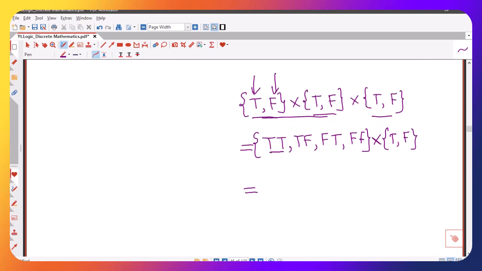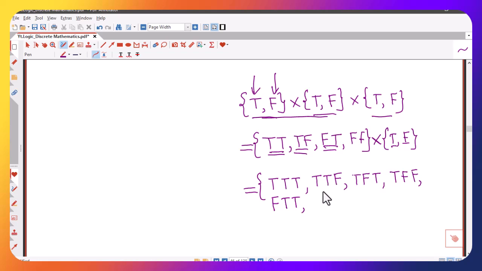So again I consider TT as the first element, so I will have TTT and then TTF. After that I consider TF as the first element, and the third element can be T or F, so TFT, TFF, then FTT and FTF, and finally we consider FF as the first element, so FFT and FFF.